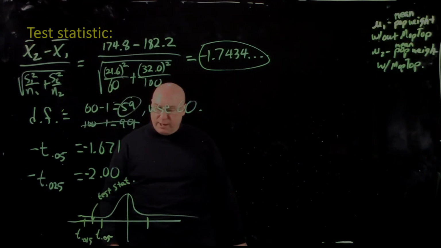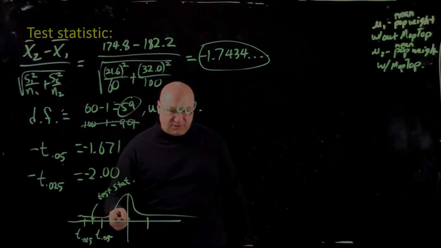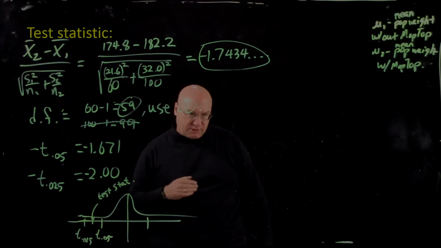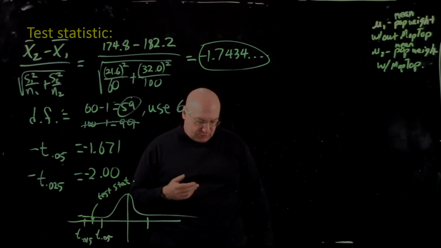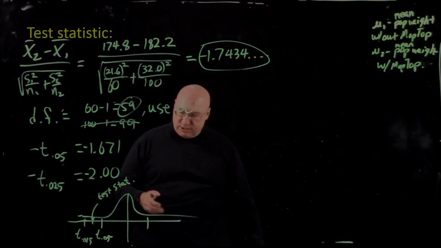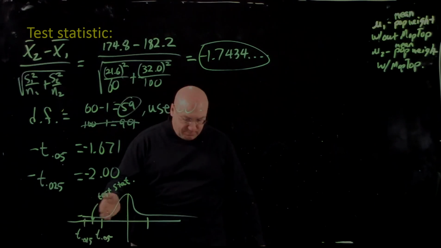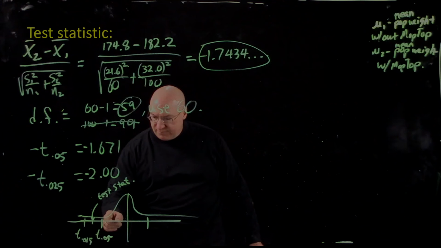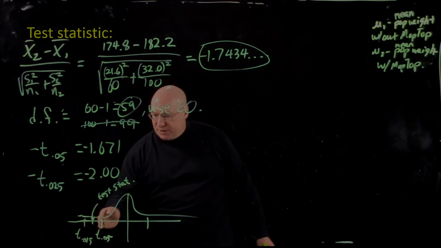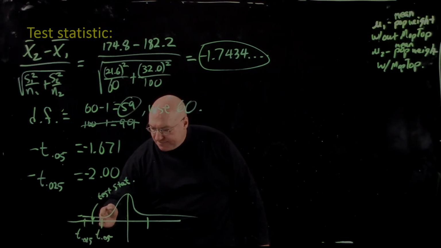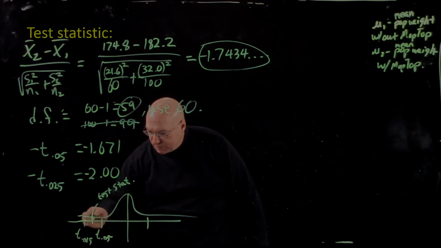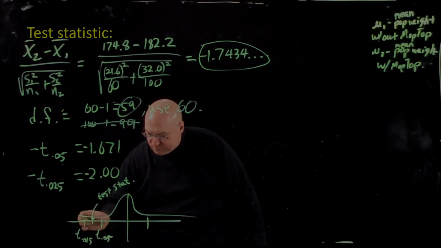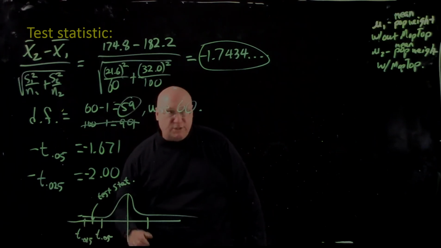Okay, so I would reject at the 5% significance level. I would fail to reject at the 2.5% significance level, right? So the p-value is obviously between 0.05 and 0.025. The tail area for here is 0.05, for here is 0.025, and the test statistic is in between, so the p-value is somewhere in between there.